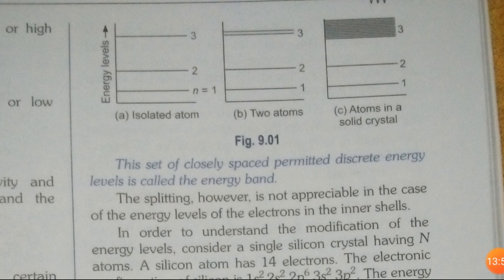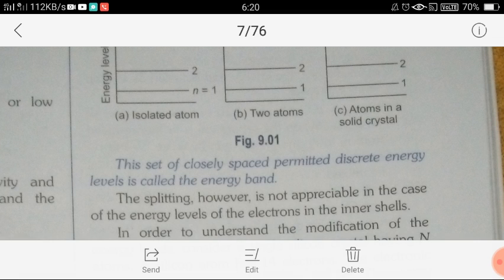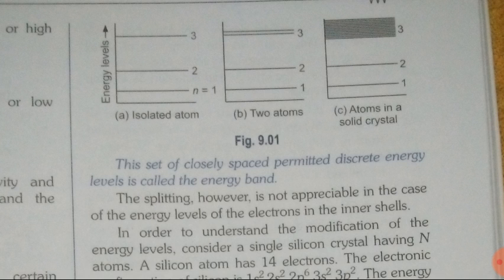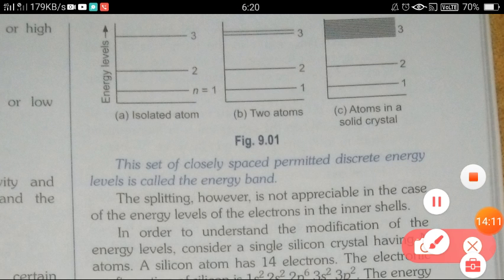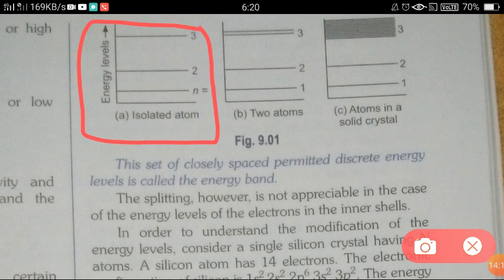So here we can see one figure in which it is shown very clearly how the presence of atoms affects the energy level. So here in the first diagram, we can see isolated atom's energy levels.